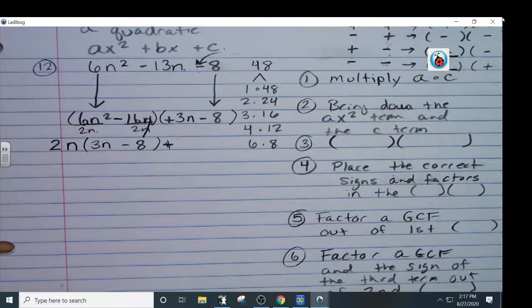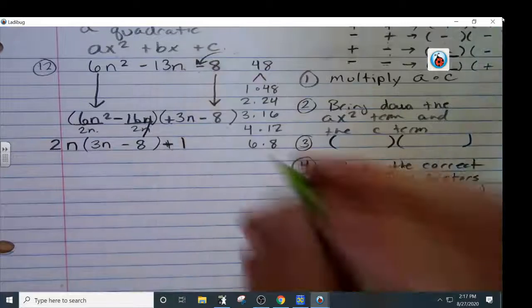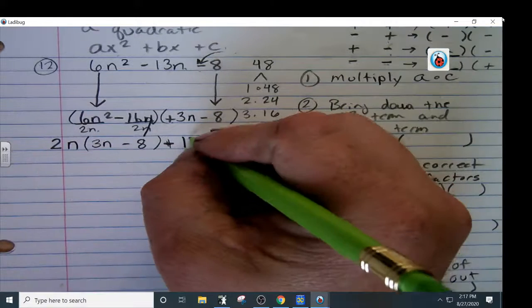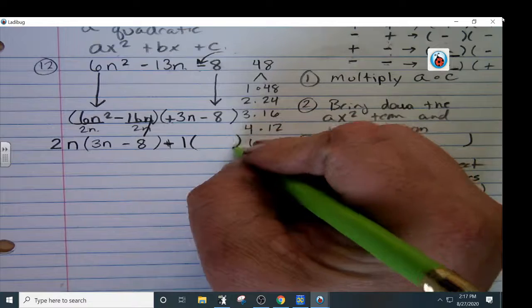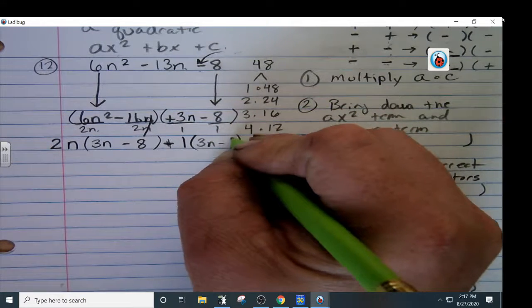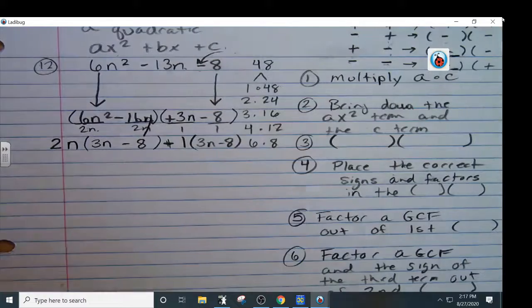So plus. Now, does 3 and 8 have a common factor besides 1? Nope. Can I factor a variable out since 8 does not have a variable? Nope. So what you're going to do, start your parentheses, divide this by 1, that by 1. Now, if you recall last week, guys, when we did factor by grouping, how do I know that this is correct?